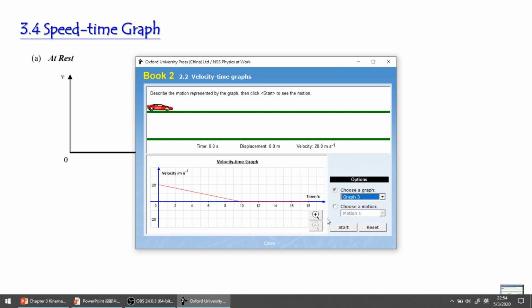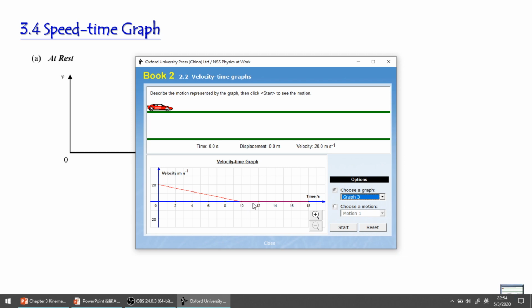How about graph 3? Okay, the graph can be divided into two parts. You start with a very high speed, 20 meters per second. And then the speed gets smaller and smaller, and then becomes 0 at 10 seconds, right?